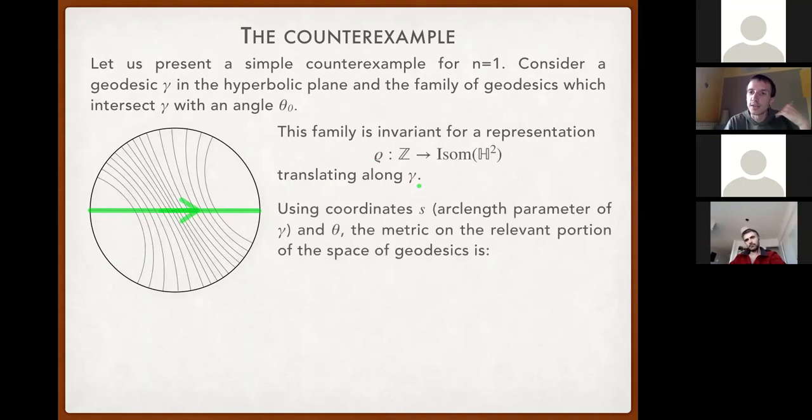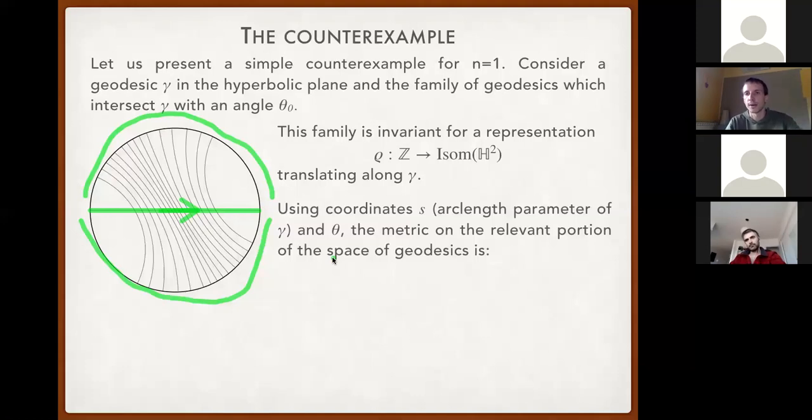Now, in the space of oriented geodesics, omega plus and omega minus are just these two arcs. We can give coordinates on omega plus times omega minus: the arc length on gamma, which gives the intersection point, and the angle of intersection of our geodesic.